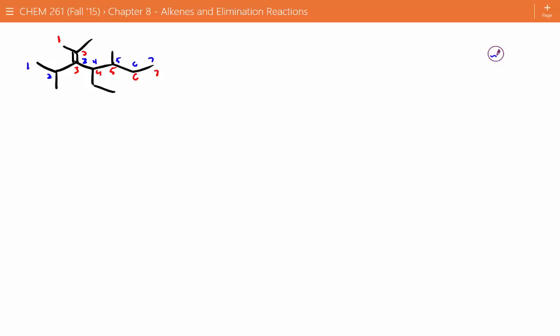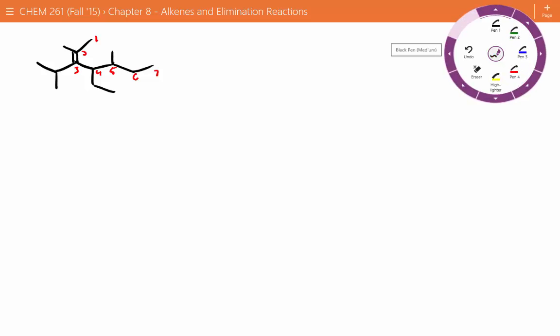Yeah, the double bond has to be in the parent. If it's not in the parent, you're going to run into problems. So by using our red numbering, it works out. Why didn't I go ahead and say 1 over here? Because it doesn't matter, right? So in this case, we're not overly concerned with this. Doesn't really matter.